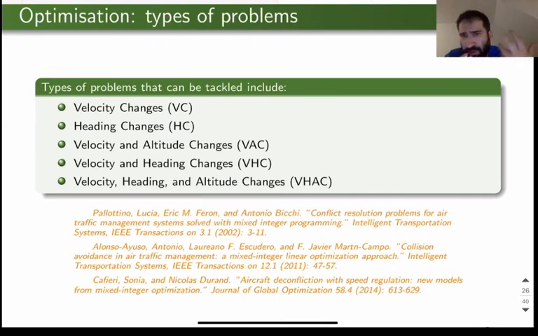So we can model the problem in different manners, proposing velocity changes, proposing heading changes, combining velocity and altitude changes, velocity and heading changes, or even combining the three of them. And you see here three papers that implement some of these approaches. Right? These papers are fully based on linear programming and mixed integer linear programming.